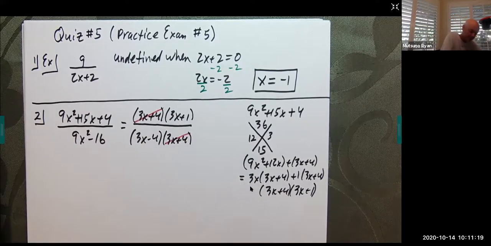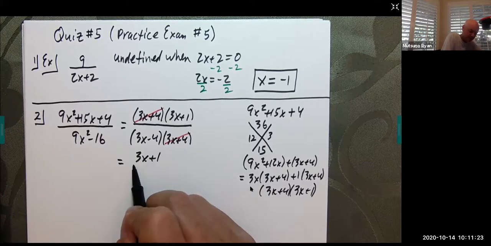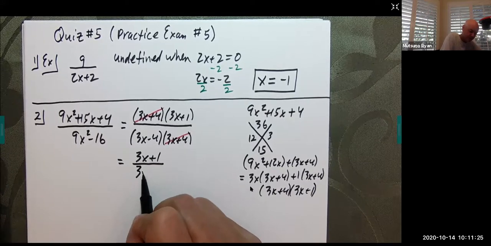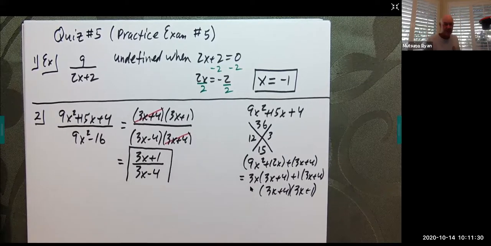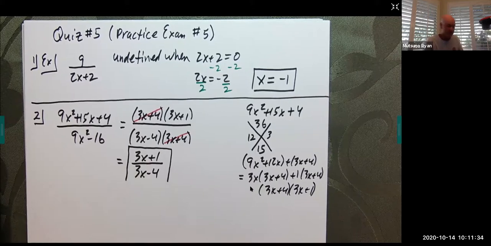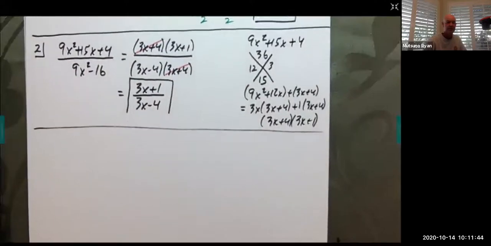I'm left with this here. Now, it might look like the 3x's can reduce, but they can't. That's definitely something you can't do because I'm adding and subtracting in there specifically. If this was 3x times 1 or 3x times -4, then I could reduce. But because I'm adding and subtracting, that's not going to work out, unfortunately.